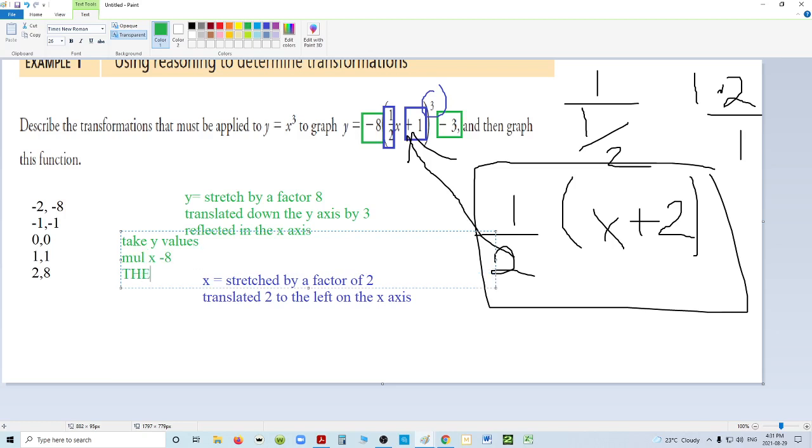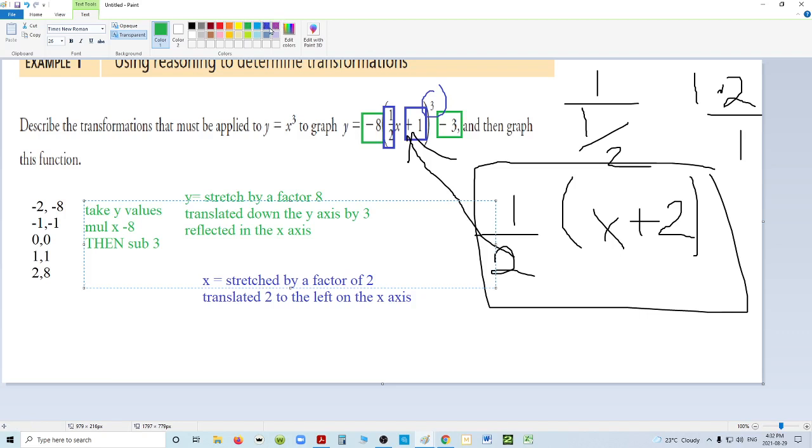Then subtract 3. So that's everything you should do to your y values. And you can also phrase that quicker like this: multiply by minus 8, subtract 3. However you want to notate it. Then you're going to summarize what you want to do for your x values.